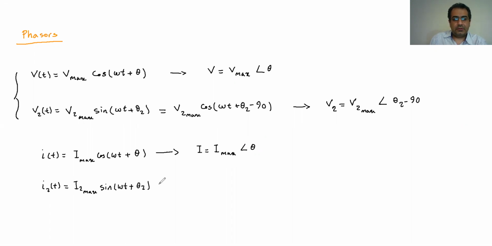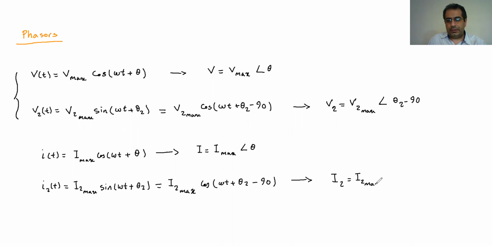If it is written as a sine, again, simply convert it to the cosine first: cosine omega t plus theta 2 minus 90, and then convert it to the phasor. So I2 is going to be I2 max with the angle, similar to what we have for the V, theta 2 minus 90.